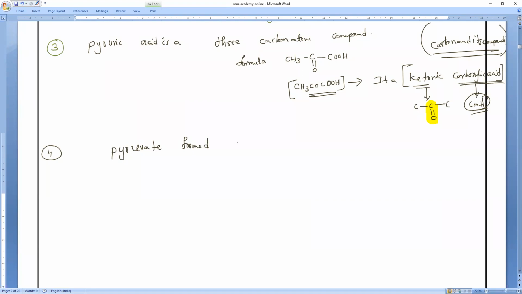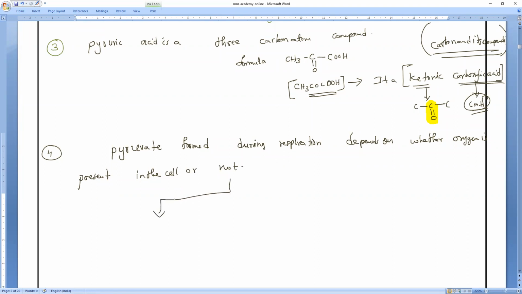So pyruvate is formed during respiration, depending on whether oxygen is present in the cell or not. All of you observe, I'll make it into two cases. If oxygen is present, then what will happen?